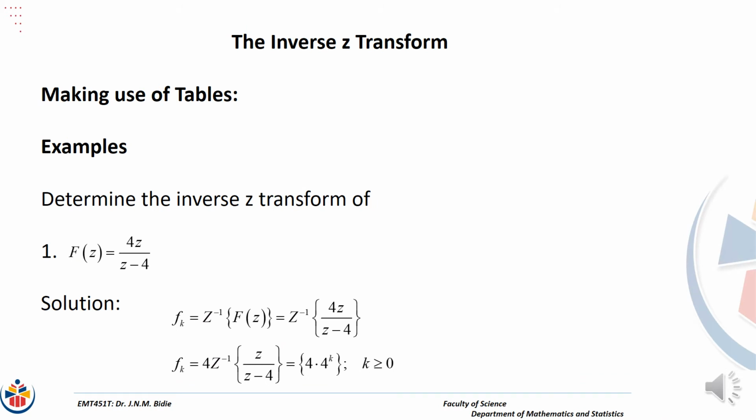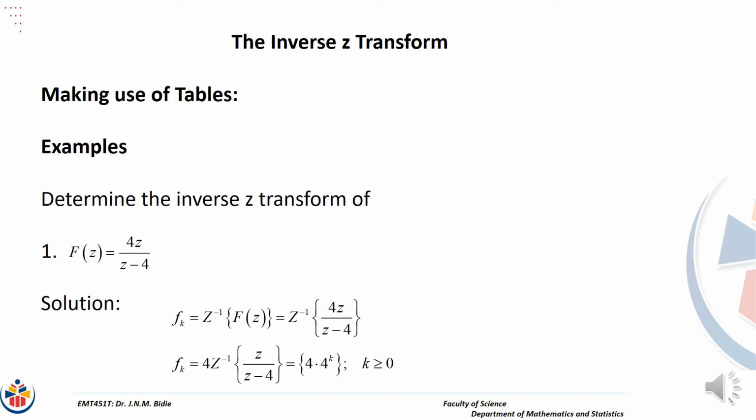Let's go to the inverse Z transform, which will be helpful when we solve differential equations using Z transforms. So let's start here. Determine the inverse of the Z transform. We know that when we have the Z transform, we take the inverse Z transform so that we get back the discrete signal. So once again, because of the linearity, we take 4 out and then take the inverse Z transform of Z over Z minus 4.